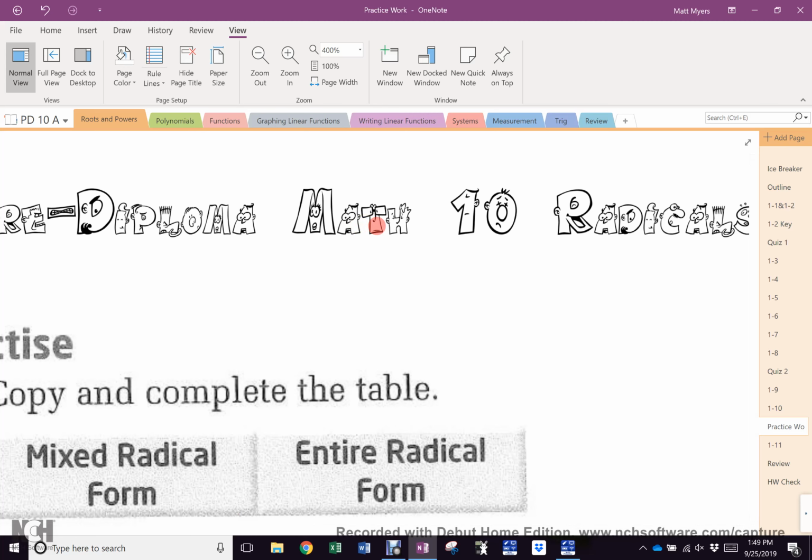Okay. The long and the short of this, ladies and gentlemen, is the next two pages. Radical assignment 1 and radical assignment part 2 are due Monday. So you're going to work on it now, tomorrow, and on Monday.